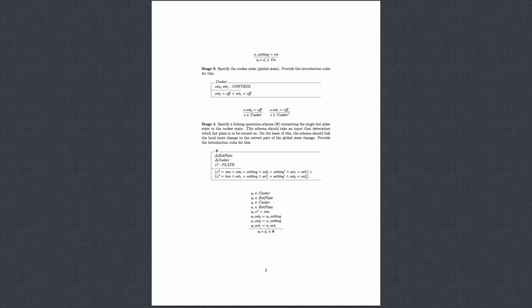Now what's happened here is that it's split up into 2 introduction rules, which is quite unusual, but it's not impossible. Essentially, we're going to have that as the conclusion, as we always would. On the top of that rule, we're going to have s.set0 equals off, or s.set1 equals off.